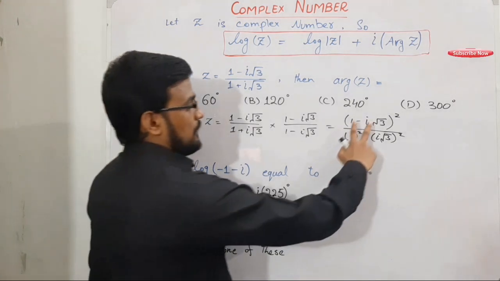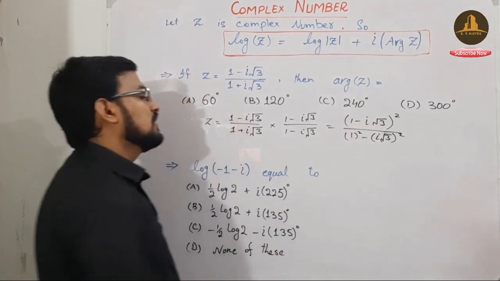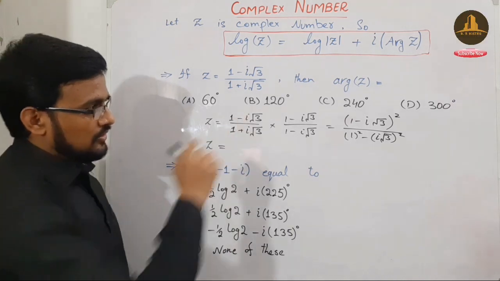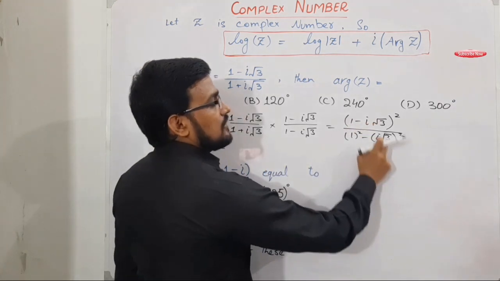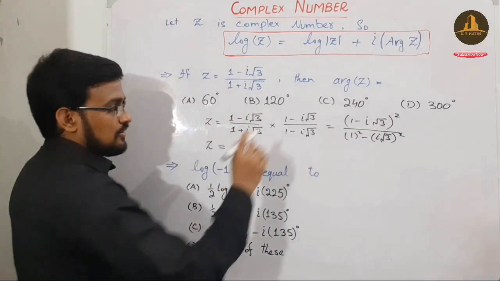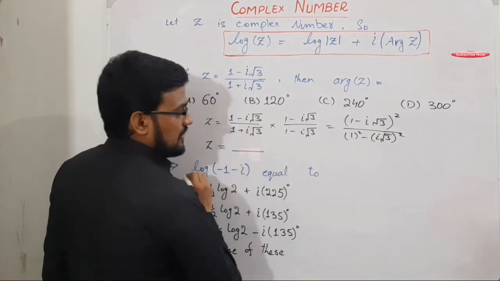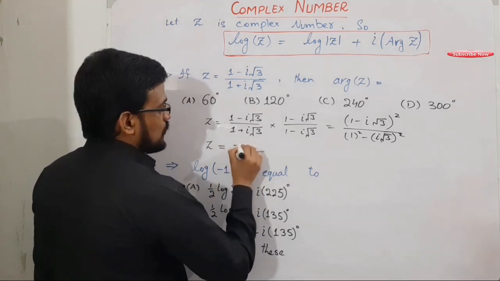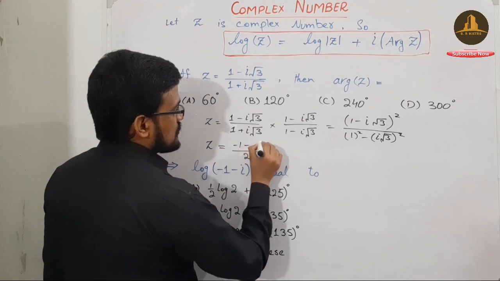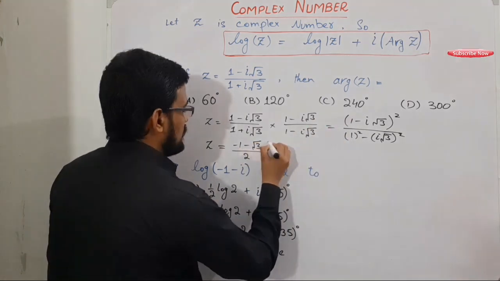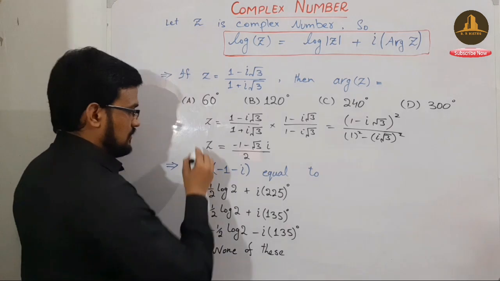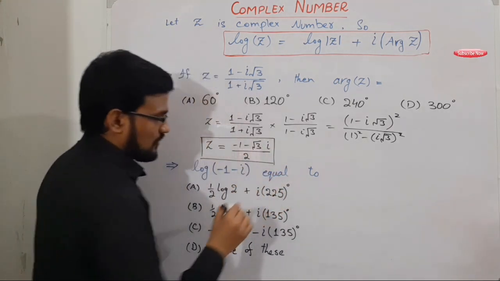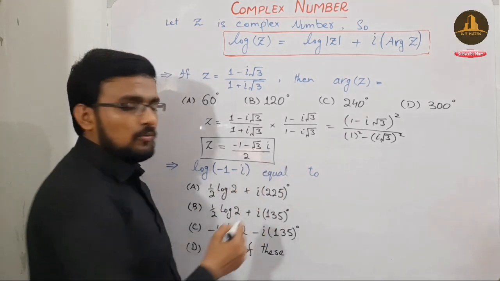Apply the formula here on both sides, and finally by applying the formulas, the final result is minus 1 minus square root 3 iota over 2. Okay, and now find the argument.